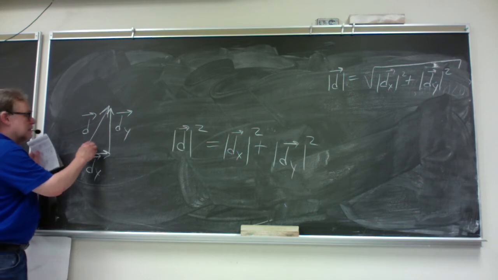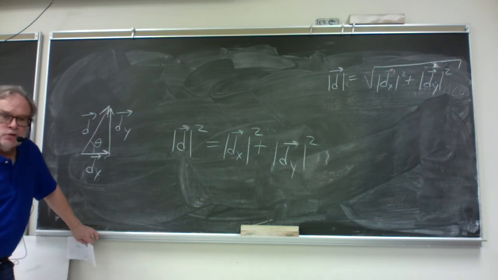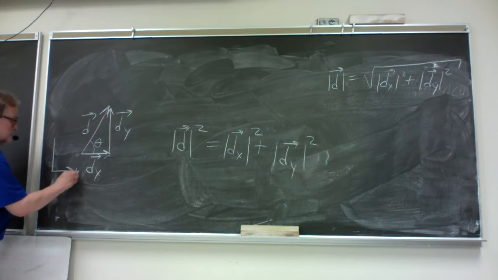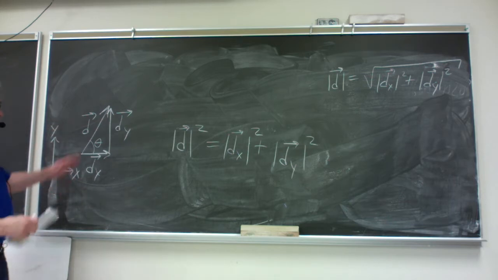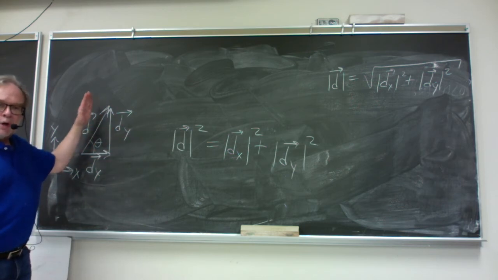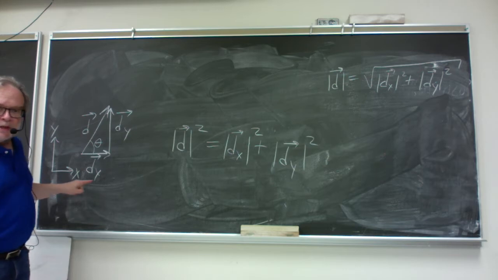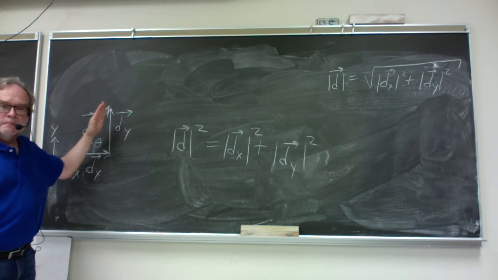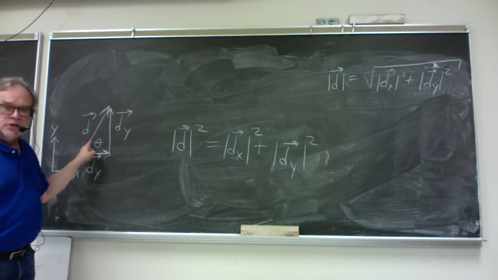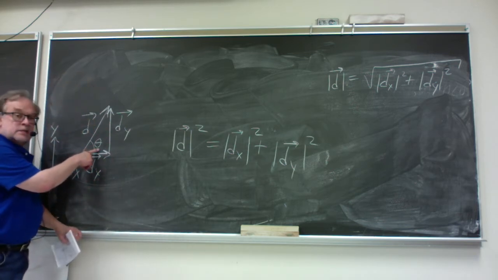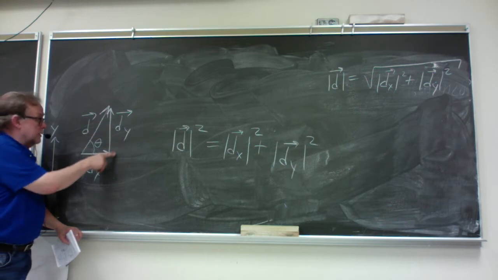So if we take that as our direction angle, that is, in this case, the vector d points theta degrees counterclockwise with respect to the positive x-axis. Rotate theta degrees counterclockwise starting from the positive x-axis, and you're then pointing in the direction of d. And tangent of that angle is a ratio of that length to that length.